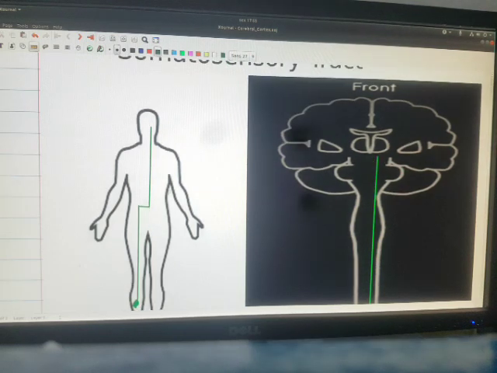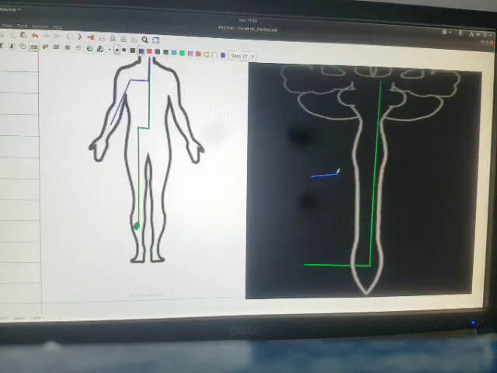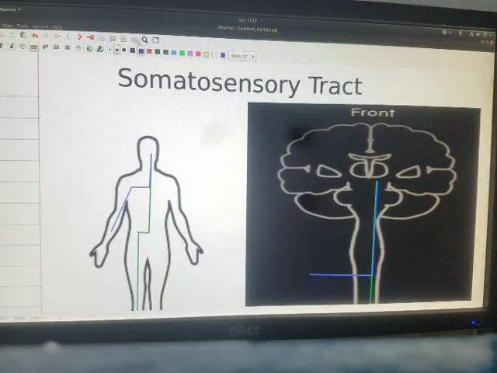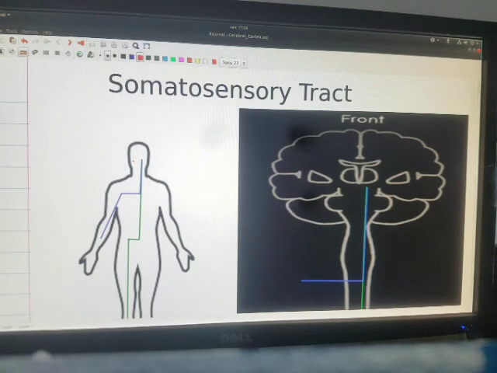For example, if I hurt myself on the arm, it will go here, and it will do the same thing as this one. So it will enter here, higher here, and go to here, and then do the same thing. And for example, let's say I hurt myself on my hunchback.